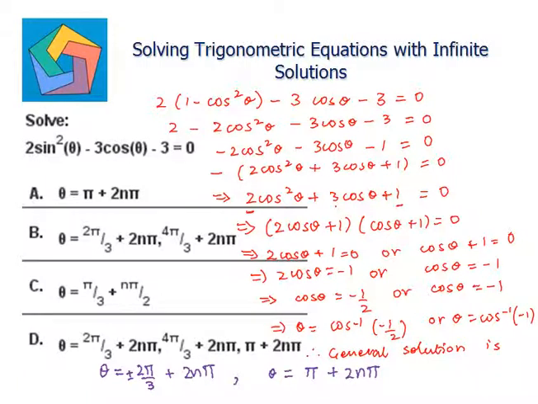For negative 2 pi by 3, we can say the reference angle will be 4 pi by 3. So we can say theta is equal to 2 pi by 3 plus 2n pi, 4 pi by 3 plus 2n pi, and pi plus 2n pi, which is the answer in the D part.